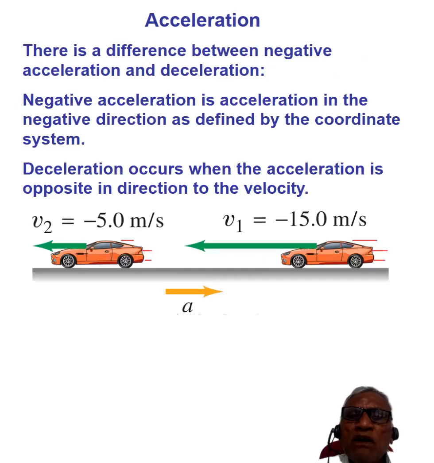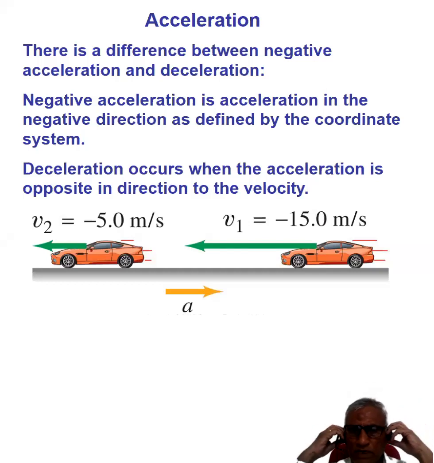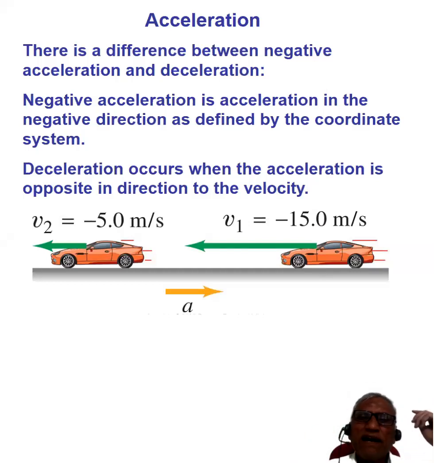Okay, now there is a difference. Here, as I said, time 0 is here, and this is V1 and this is V2. The subscript shows the earlier time and later time.